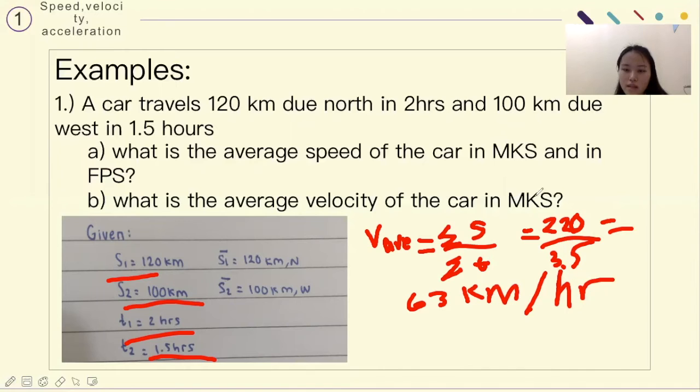Since the question wants us to convert this to MKS and to FPS, we are going to use the same method we used in the significant figures lesson.